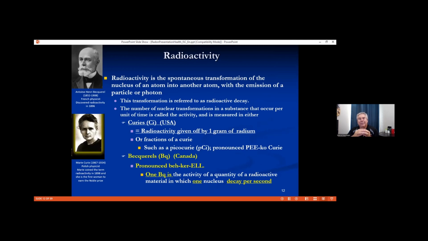So you could see here, there's a drastic change when it disintegrates. That energy that's released, that's what we call the radioactive decay, the disintegration of radon. Because once we're done, it's no longer radon anymore, it's something else, just like that kernel of corn.